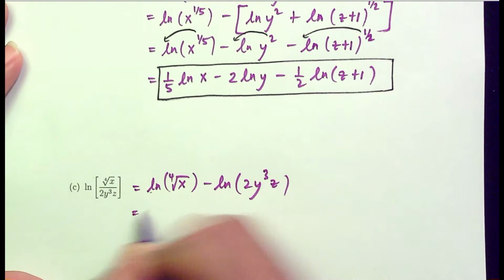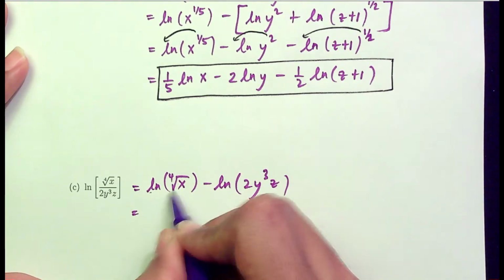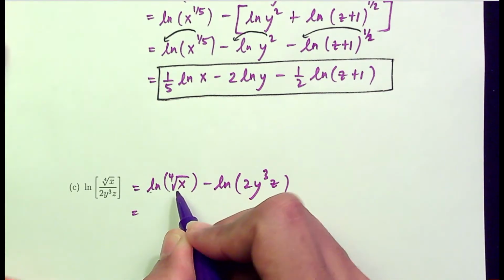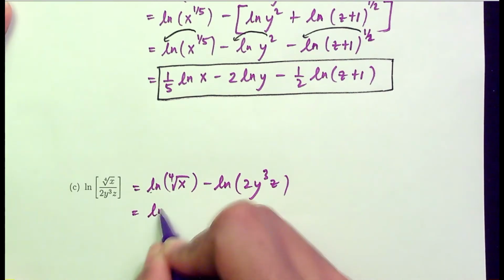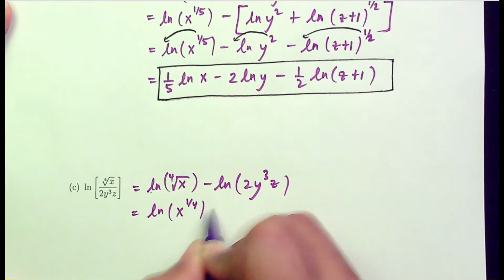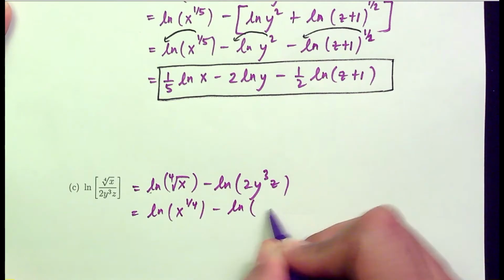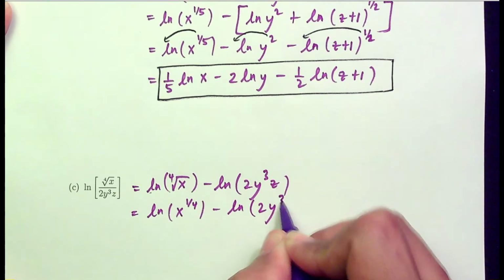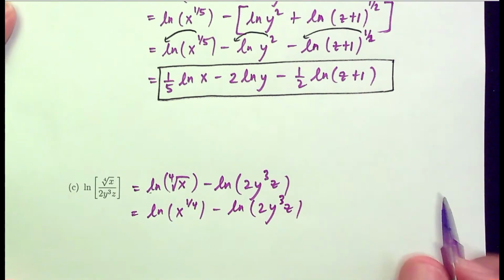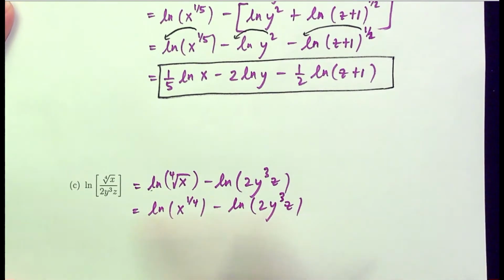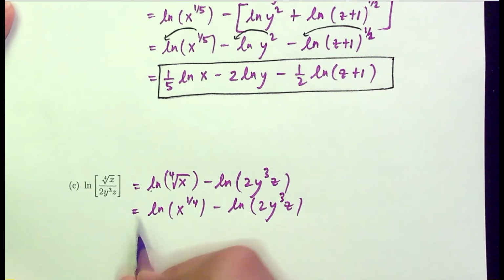Okay, now you can rewrite this as a rational exponent. So this is ln of x to the 1/4 minus ln of 2 y cubed z. So in this step right here, all I did was rewrite the fourth root into a rational exponent.